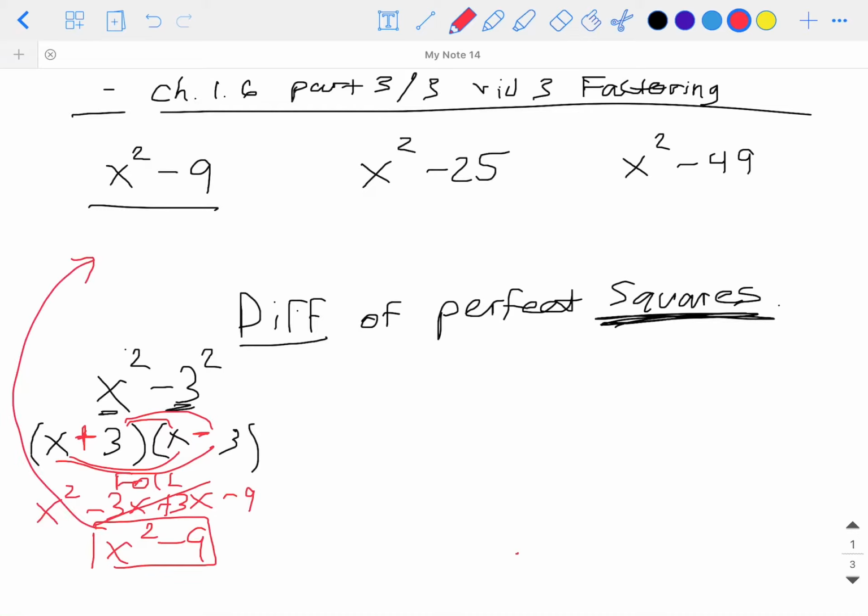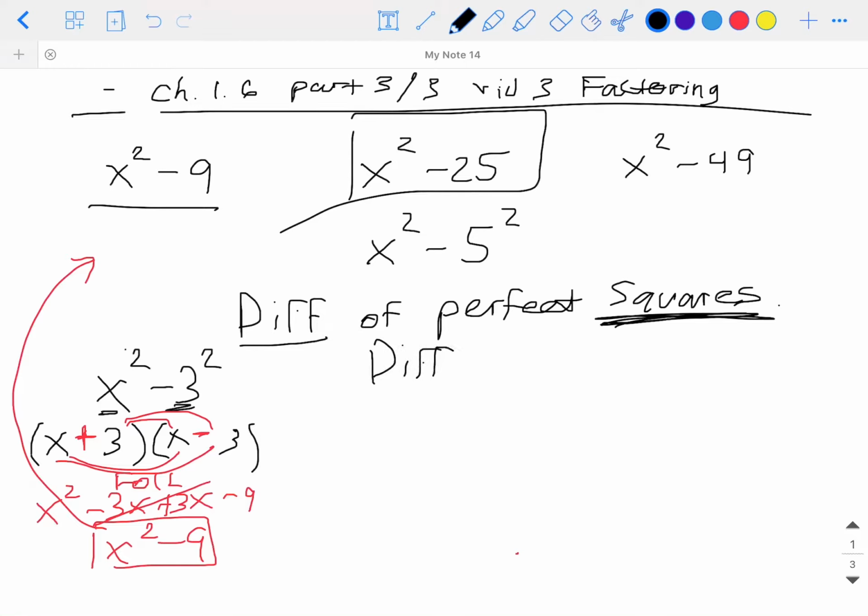So if you're able to rewrite polynomials as a difference of perfect squares, then you essentially have the golden key to use the framework. x² minus 25 can be rewritten as x² minus 5². Therefore, since this is a difference of perfect squares, I can use the algorithm, which is going to be (x plus 5) and (x minus 5).